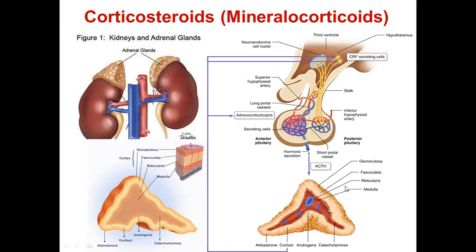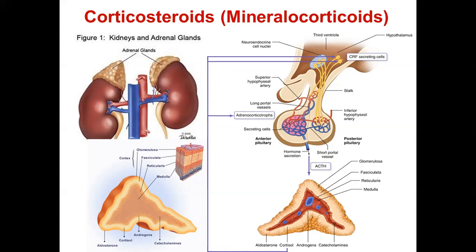So this picture shows it better: three layers, inner medulla, and these three layers secrete aldosterone, cortisol, and androgen.